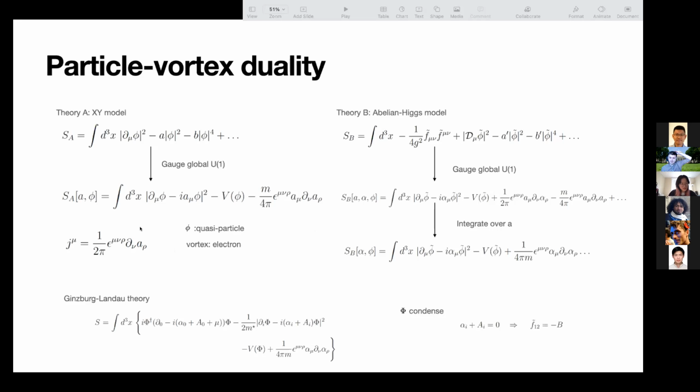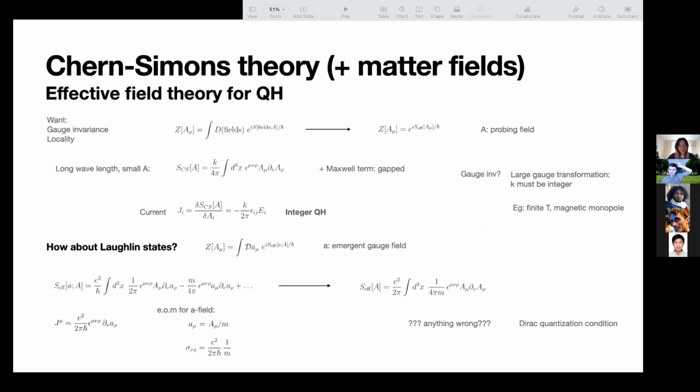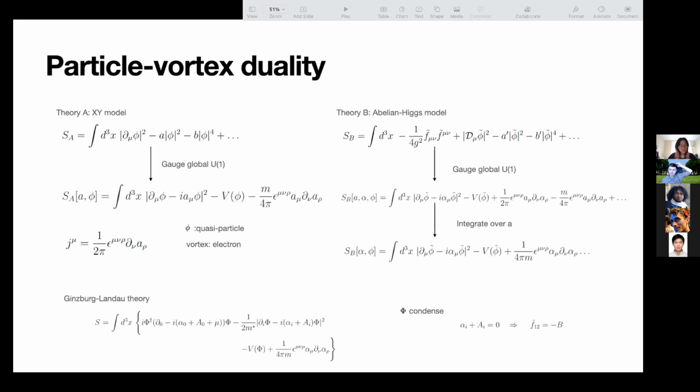Notice that in this theory A, if we consider the current given by this, it looks pretty much like the current we have here. So in this description of the XY model, we can also couple it to a probing field, which I didn't write down.